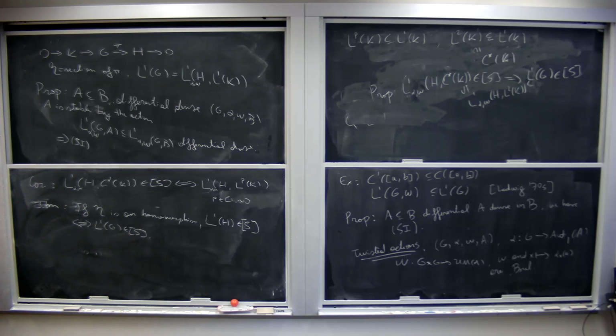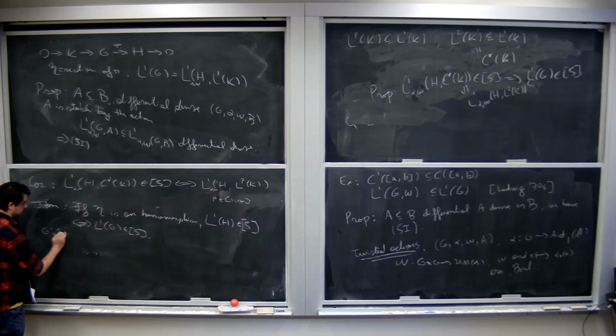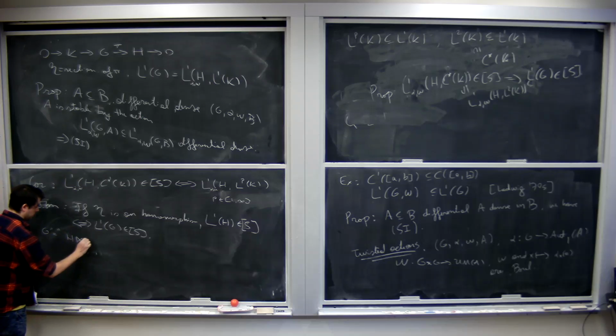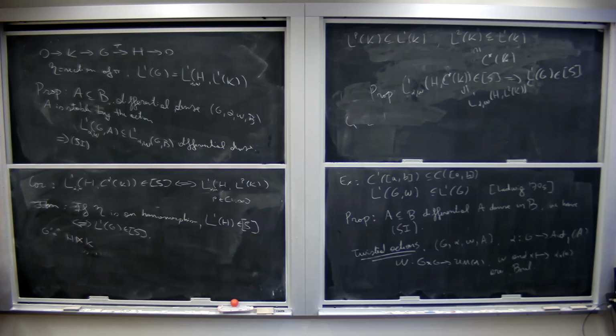So yeah, in this case, basically what I have is that the, let's say, is quote unquote semi-direct products. And, well, this is only a semi-direct product as an algebraic group, right?